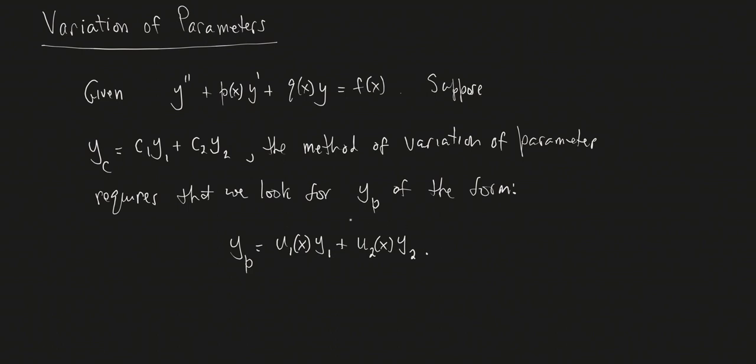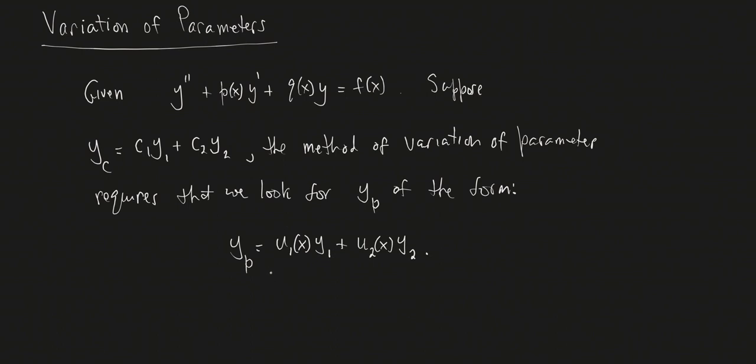And that's the big thing now: we're essentially going to make use of our fundamental set in such a way that we can figure out what y sub p is. So we will need to know y1 and y2 in order to generate our y sub p.